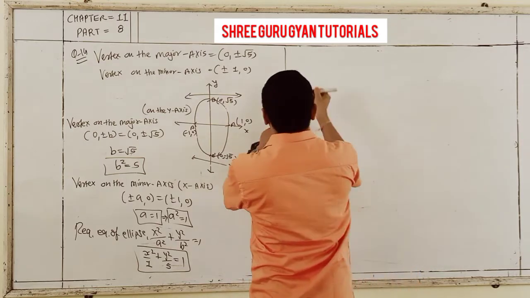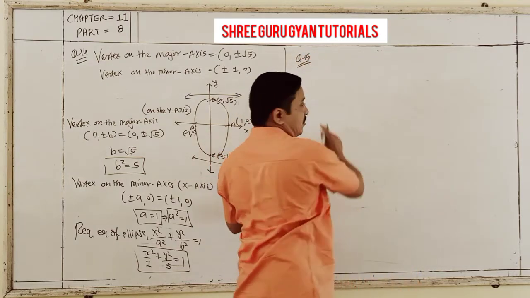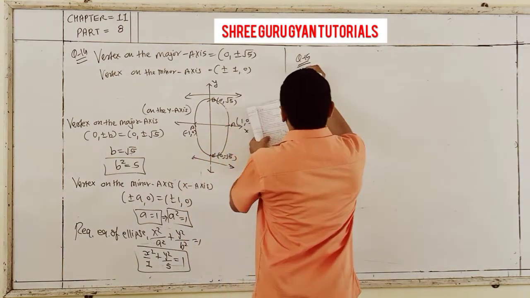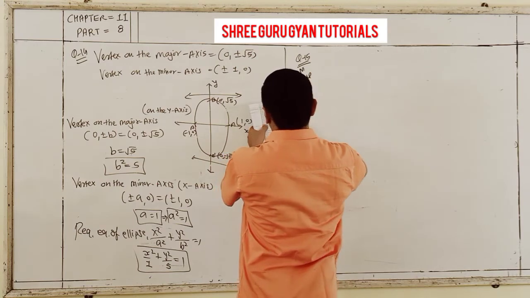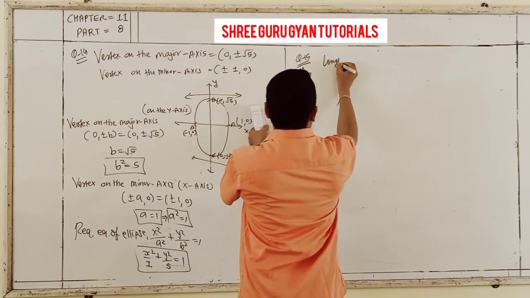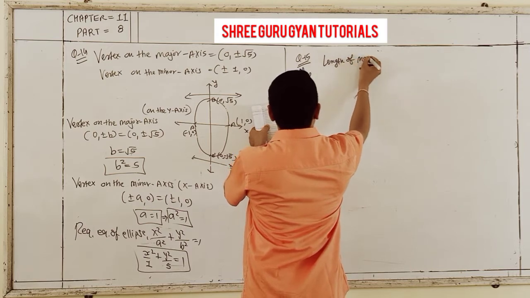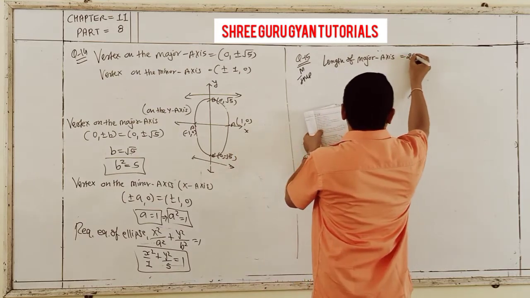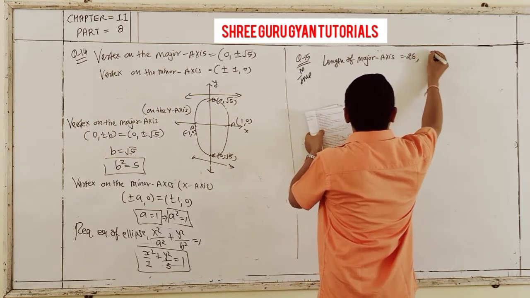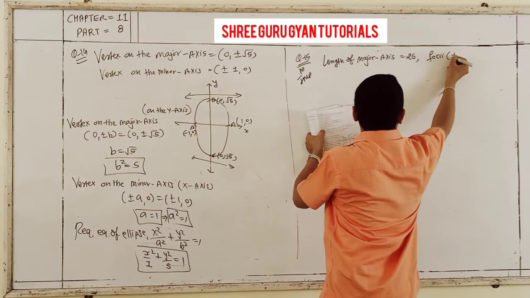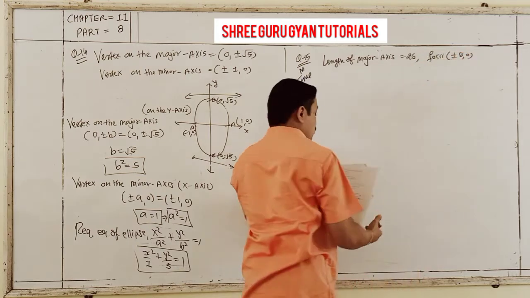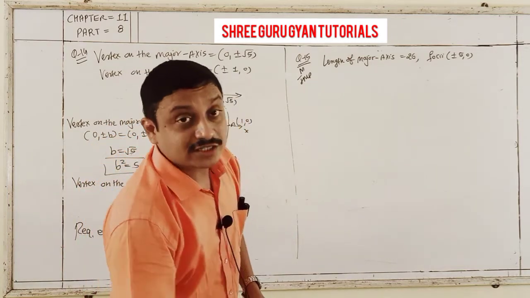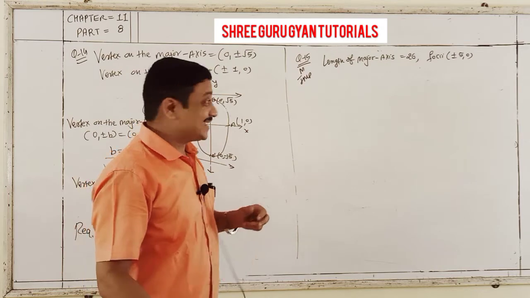Similarly, question number 15. Students, this is an IMP question for exam level, so tick mark in IMP questions. Yes, length of major axis is 26, and foci given plus or minus 5, 0. Students, the focus is given on the x-axis, so the major axis is on the x-axis.